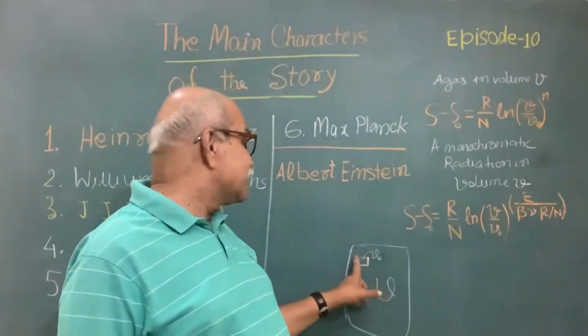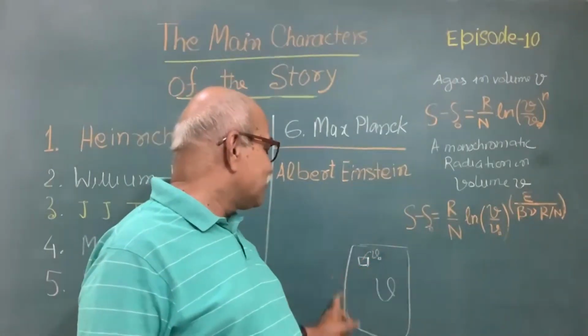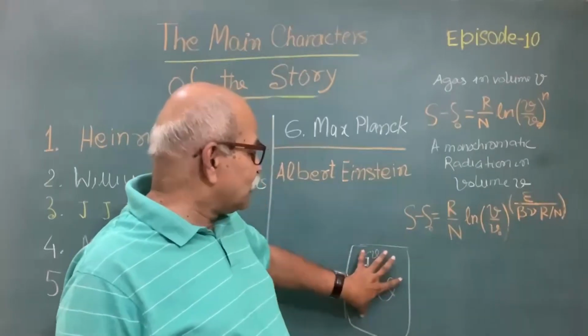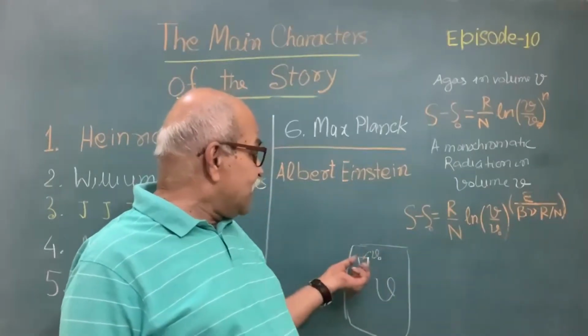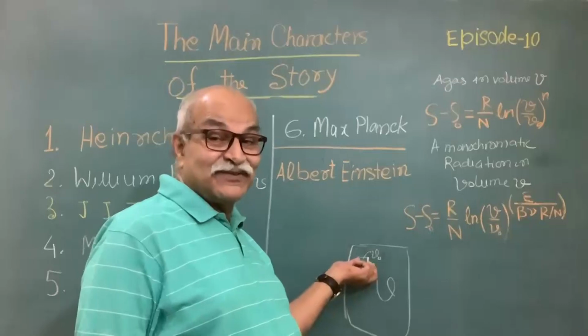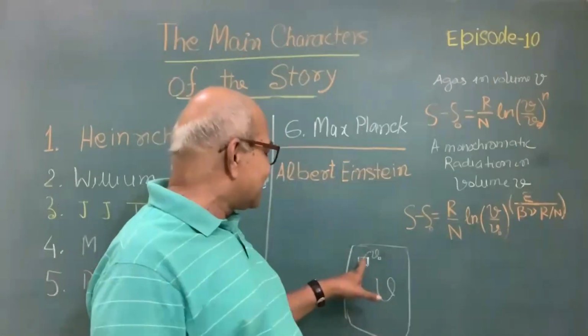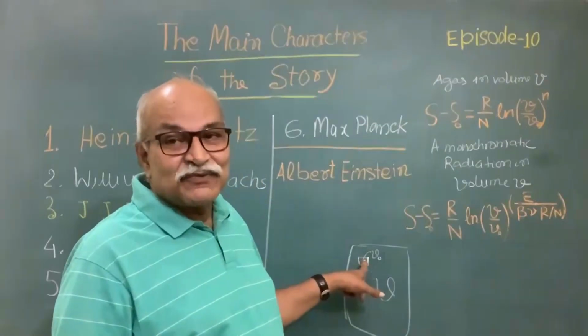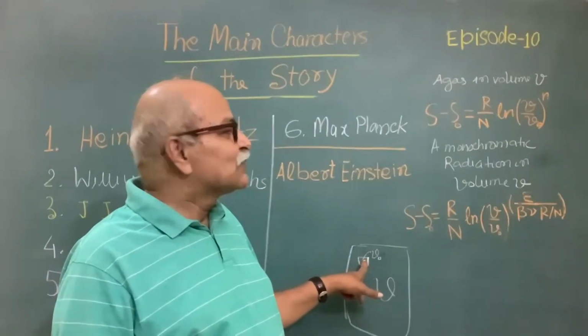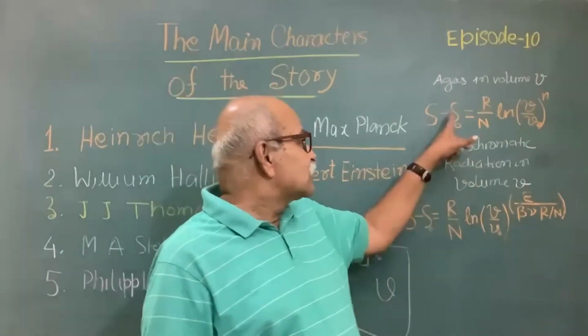There is no boundary here, remember, there is no boundary here. This whole chamber has a volume, and in that volume we have chosen a volume here only. There are no boundaries. But suppose all the molecules are confined here at a certain instant. What will be the entropy? So that entropy will be S naught.